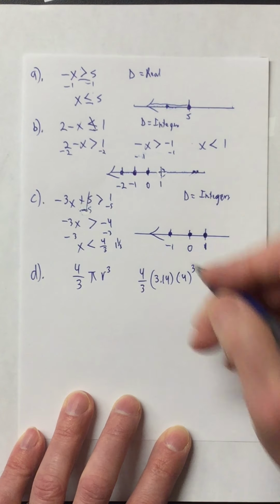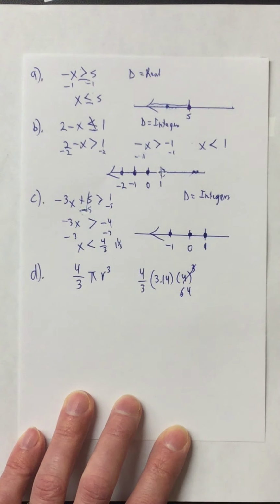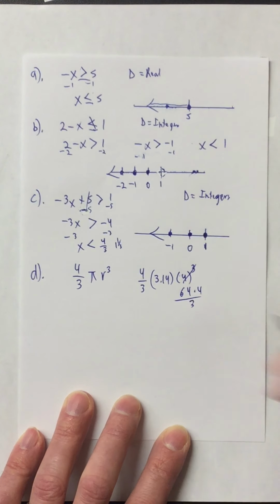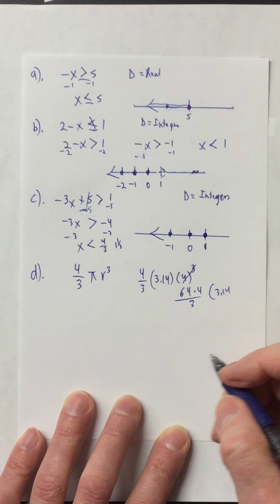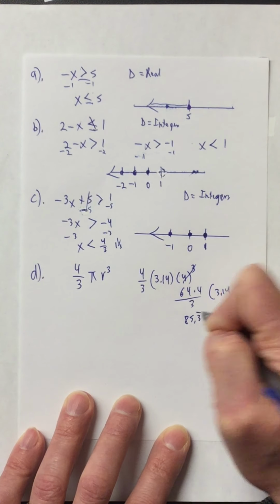All right, so if I put that in there, 4 times 4 times 4 is 64. And 64 times another 4 divided by 3. Use my calculator for this. 64 times 4 divided by 3 equals, looks like we get 85.3 repeating.